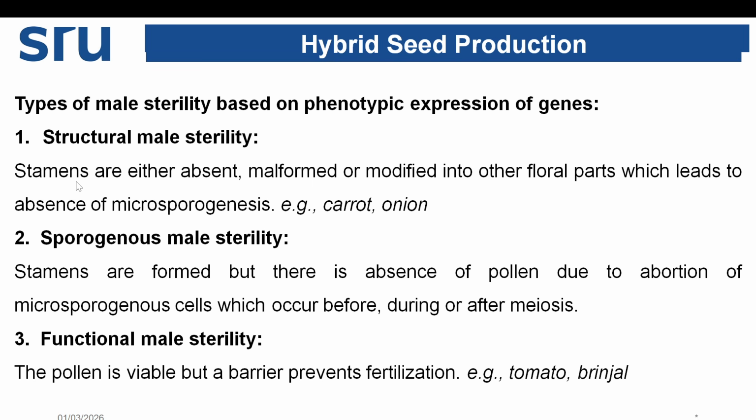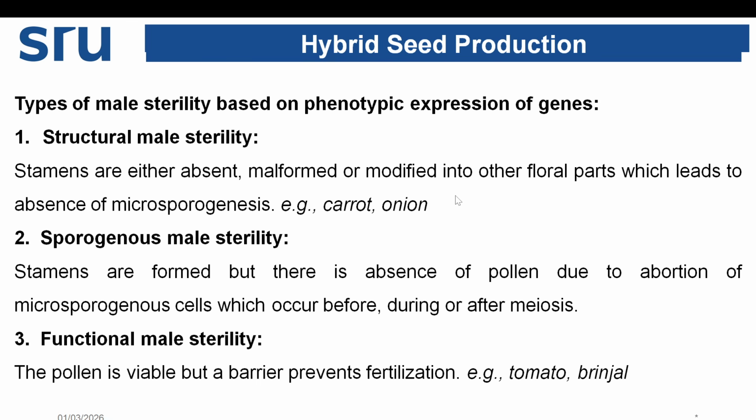Structural male sterility: stamens are either absent, malformed, or modified into other floral parts, which leads to absence of microsporogenesis, for example carrot and onion.